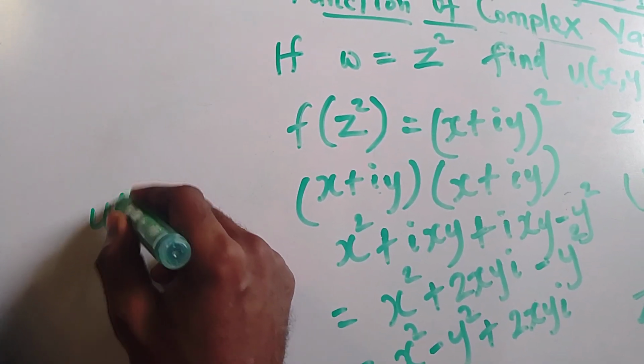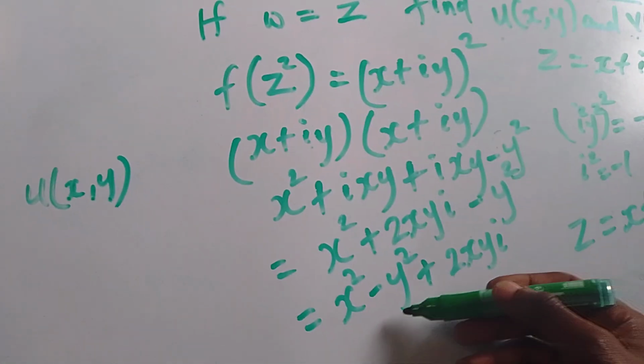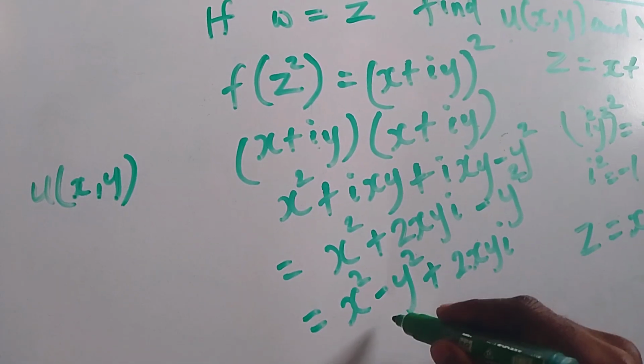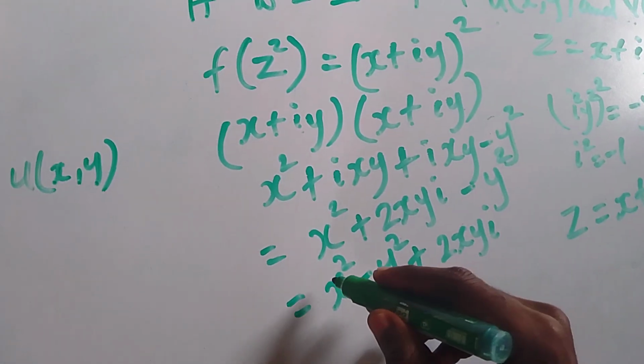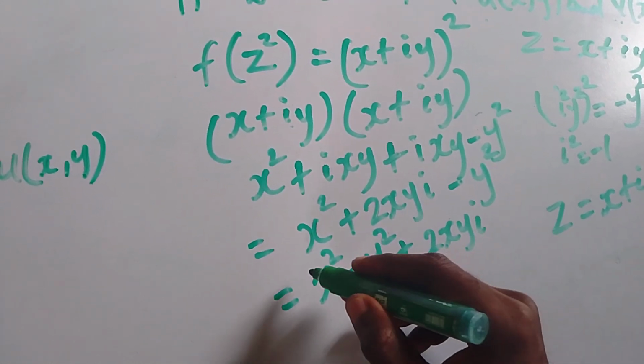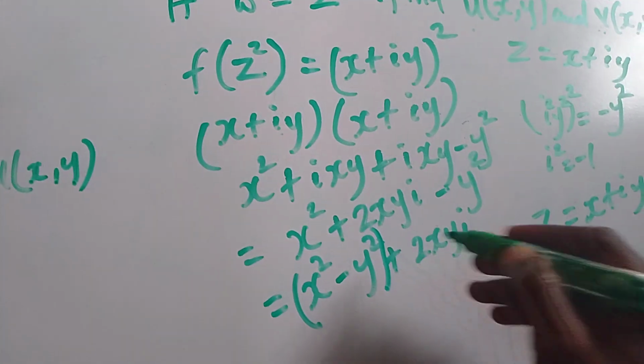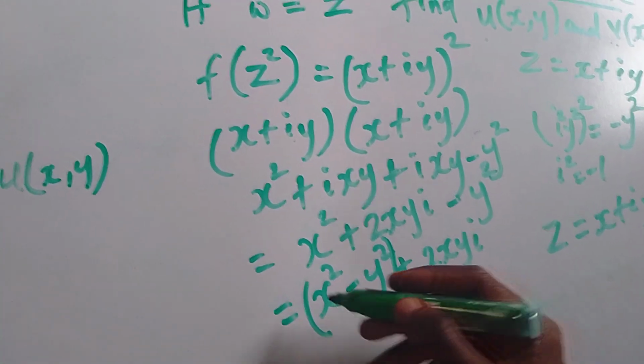u of xy actually means the real part of this complex number. So you just watch the terms that do not have the letter i, which is the imaginary part, and they comprise this x square and y square. These are the real parts of the complex number.